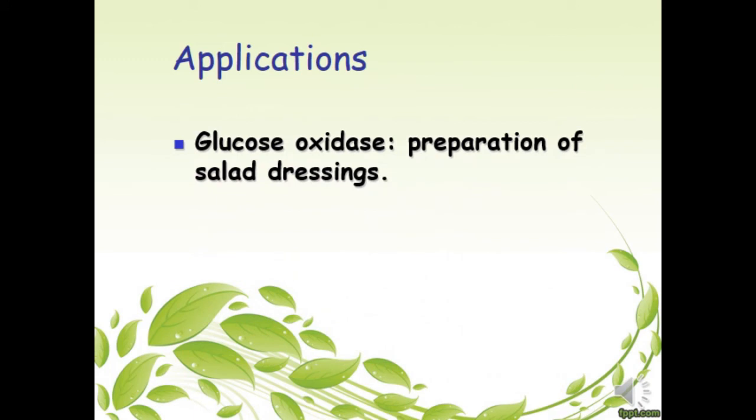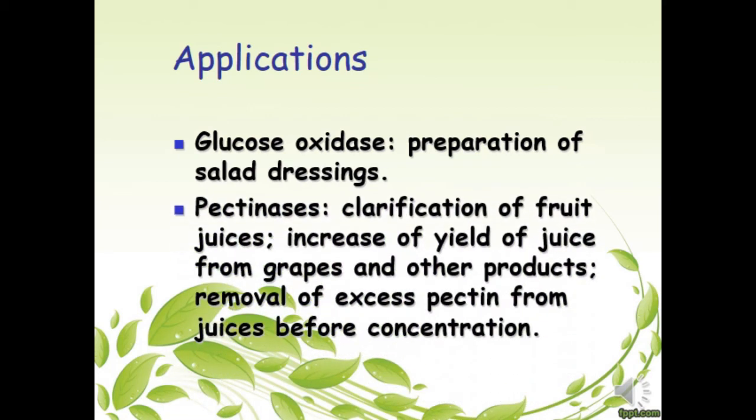Another example is glucose oxidase in the preparation of salad dressing, and pectinase enzyme for clarification of fruit juices. Besides that, it can also increase the yield of juice from grapes and other fruits, and remove excess pectin from juice before it becomes concentrated.